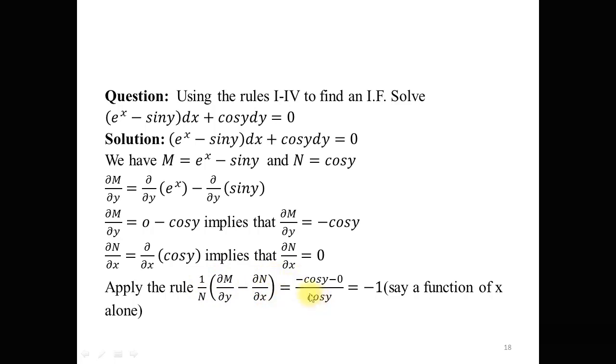This is the N function, 1 over N, and partial M by partial y is minus cos y, and partial N by partial x is 0. The cos y cancels, we obtain minus 1, and we can say that this is a function of x, but this is also a function of y. So we can use rule 1 and rule 2.